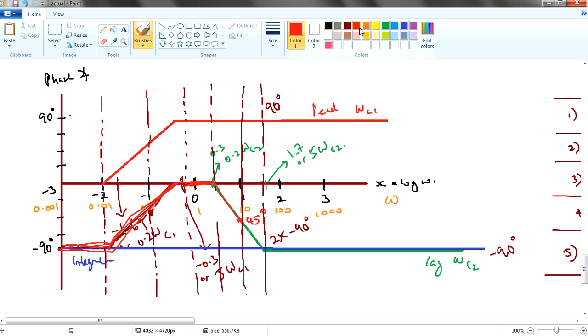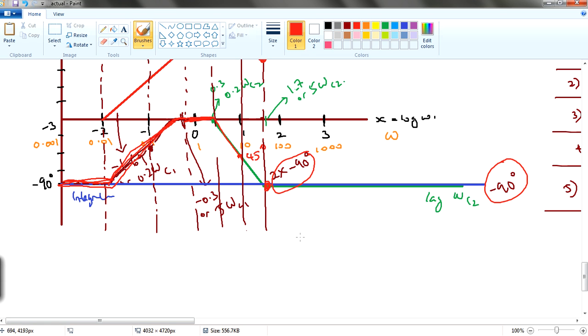Therefore, what do you get? The summation at this point: 90 degrees plus 2 times minus 90 degrees plus minus 90 degrees. The total will be minus 180 degrees. So at this point of time, we're going to have minus 180 degrees, which is somewhere down there. So I'm going to extend this graph to minus 180 degrees.